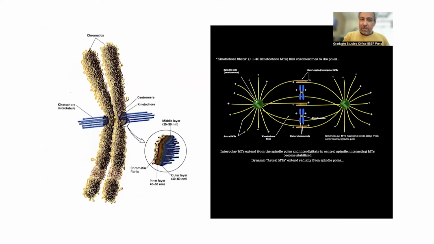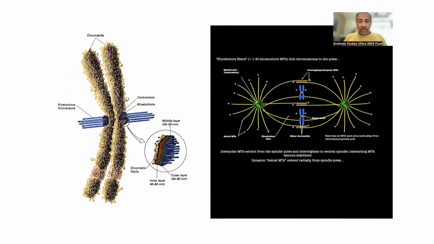And that's the schematic that shows you in great detail what that architecture of the kinetochore could be like around the centromere. And you have cohesins as being among the molecules that are present there at the kinetochore. And microtubule strands that now come and attach.